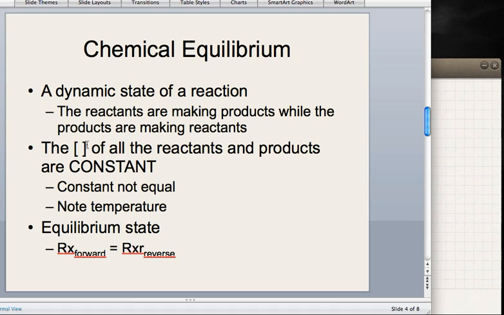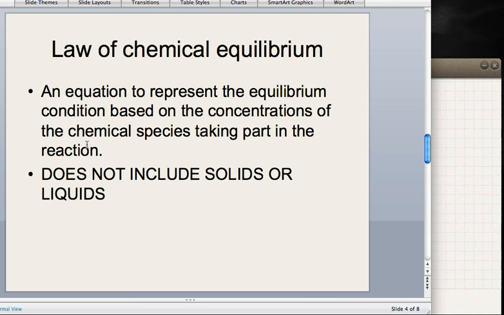An important thing to note: when we're at equilibrium, the forward reaction is equal to the reverse reaction. Also, in the law of chemical equilibrium, we do not include anything that is a solid or a liquid. We're only referring to particles that are aqueous or in the gaseous state.